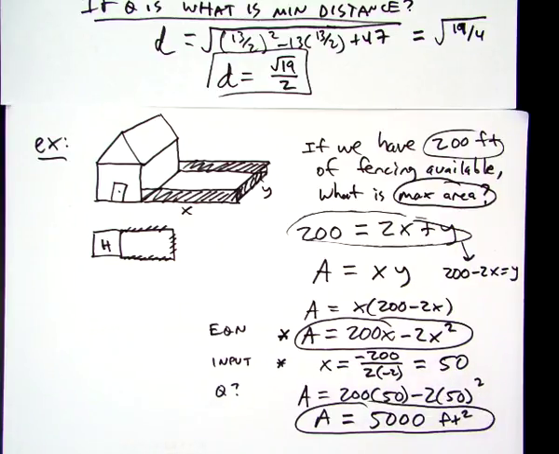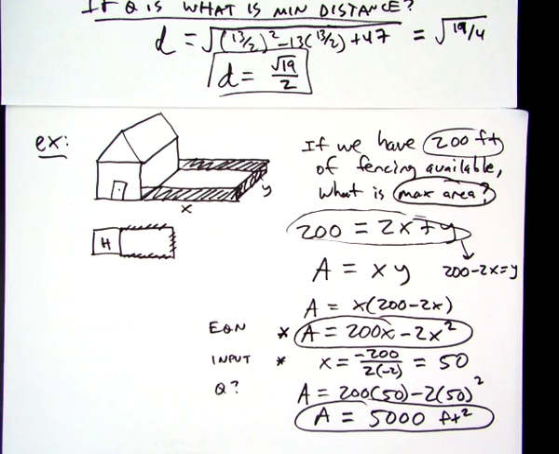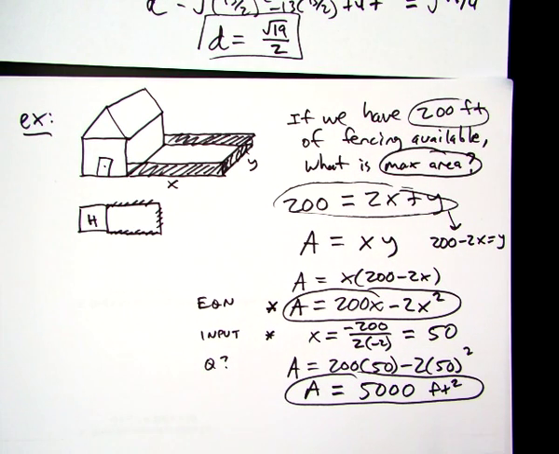Does anybody see what other question I could have asked instead of find the area, the maximum area? That's okay. I could have asked you for the input. What else? Okay, so let's say we know that 5,000 is the best area for our yard. Now what do I do? How do I build it?